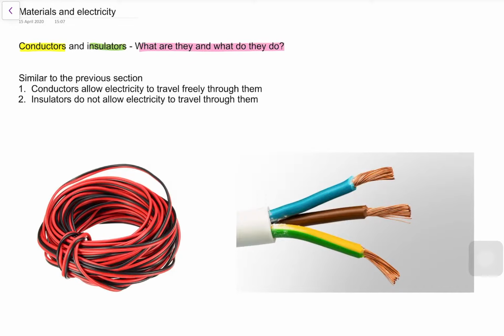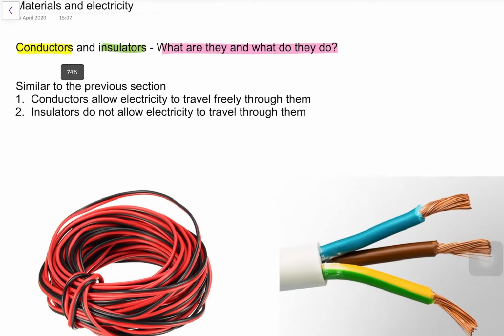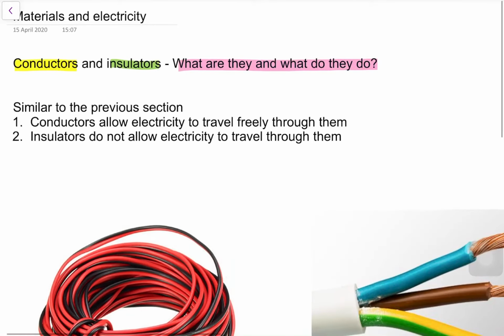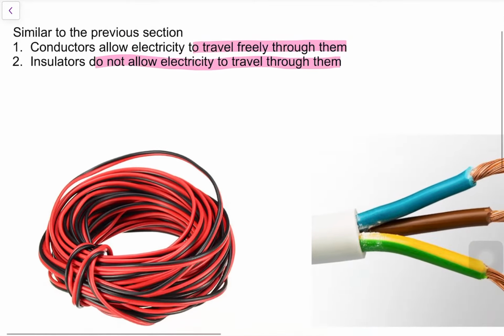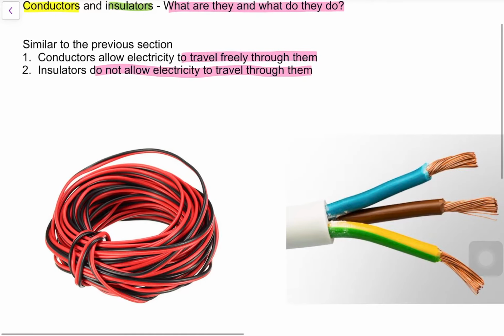In the heat video it was about how easy or difficult heat can pass through, and this video is about how easy or difficult electricity can travel through a material. Conductors allow electricity to travel freely through them, while insulators do not allow electricity to travel through them freely.